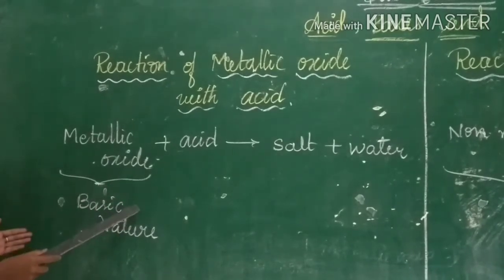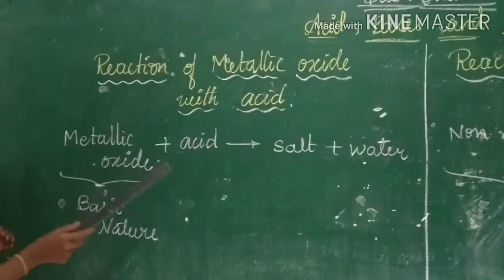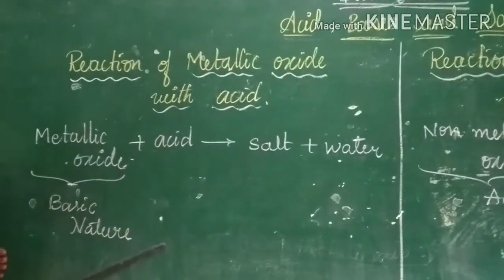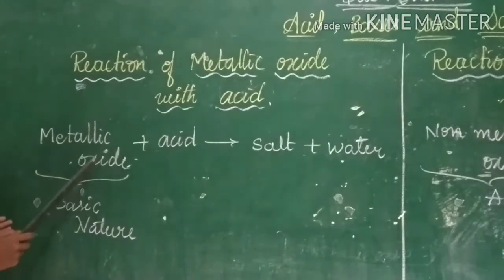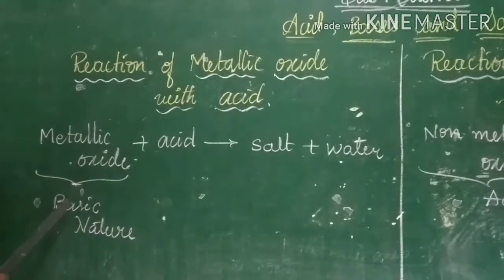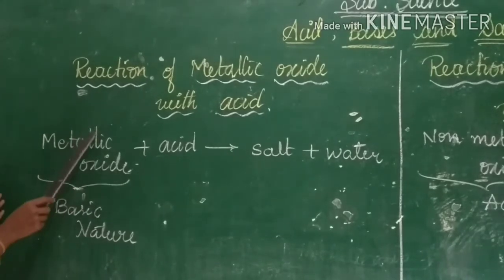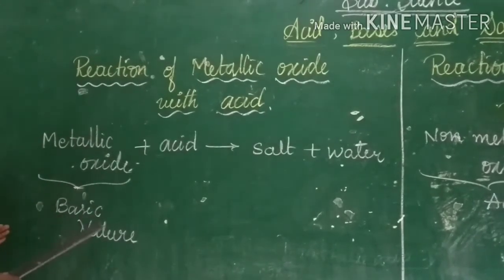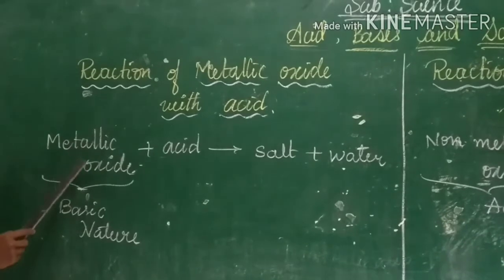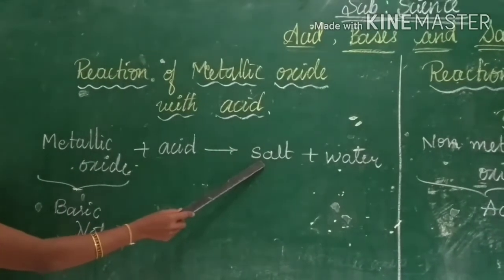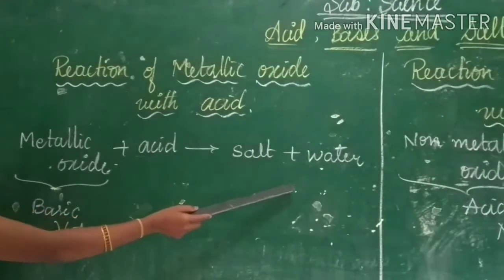In the neutralization process, the base reacts with acid and produces salt and water. You recall that here the metallic oxide acts as a base. It shows basic nature. All metallic oxides are basic in nature. When metallic oxide reacts with acid, it produces salt and water.